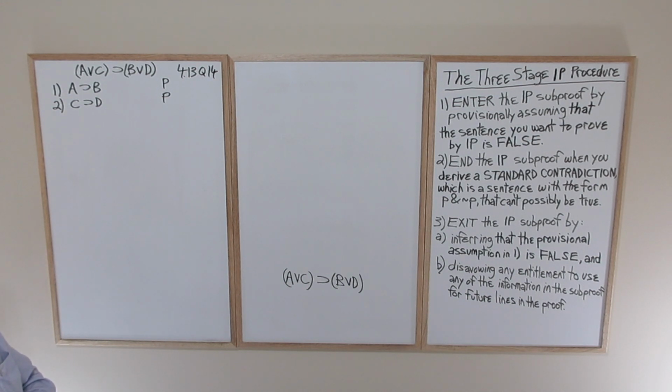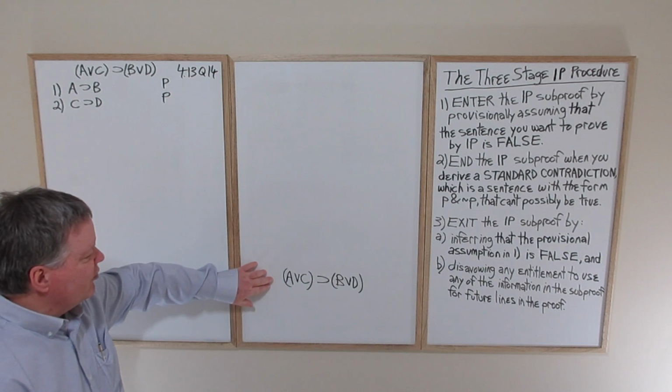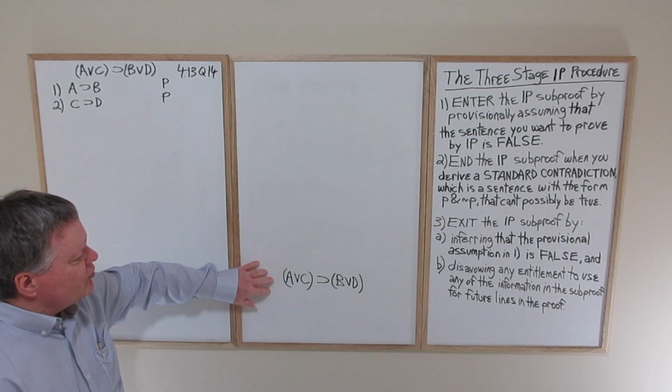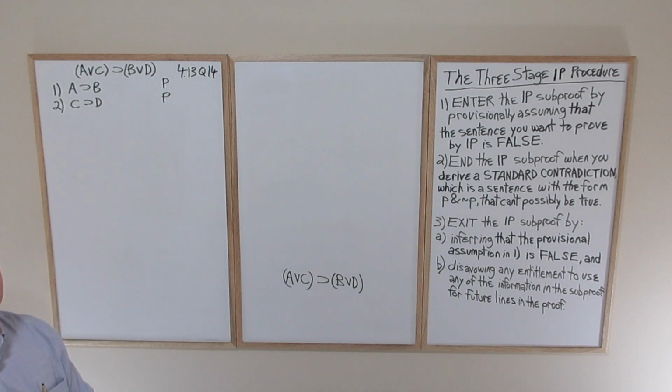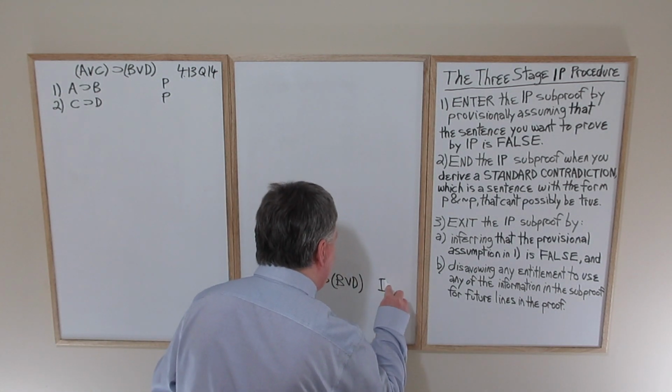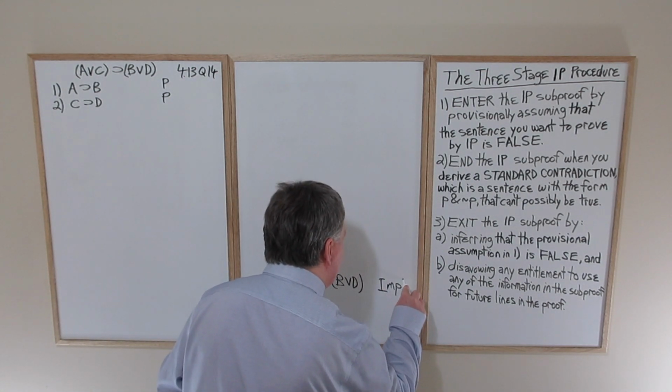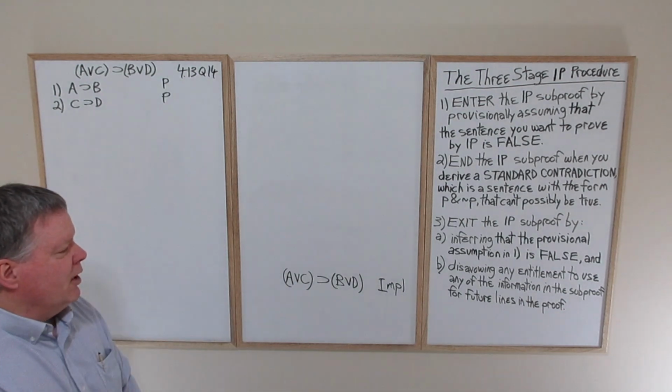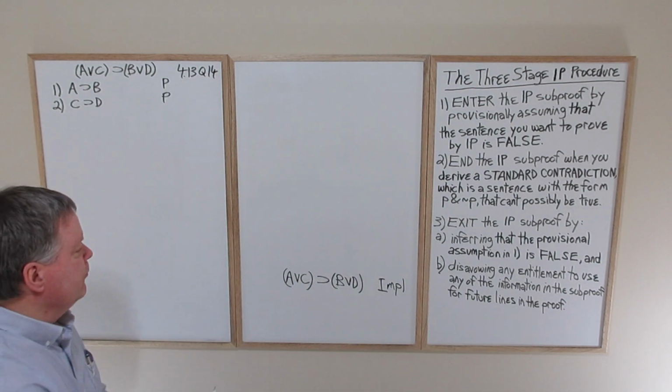Once we realize that, we can ask ourselves, how would this conditional come from a distribution? The answer would be, well, it would have to come by implication from a disjunction.